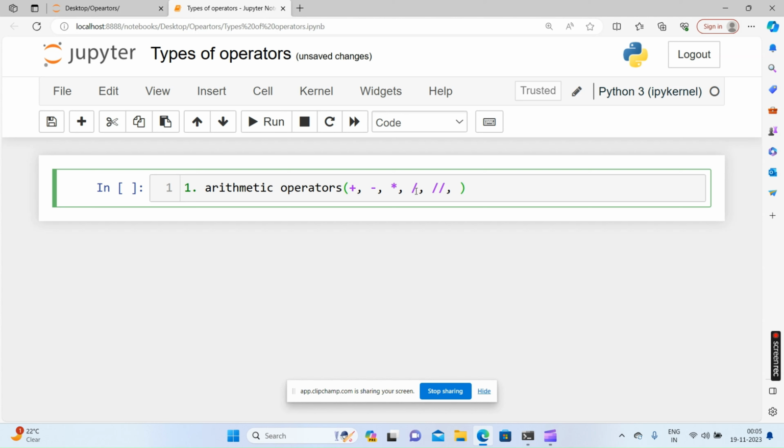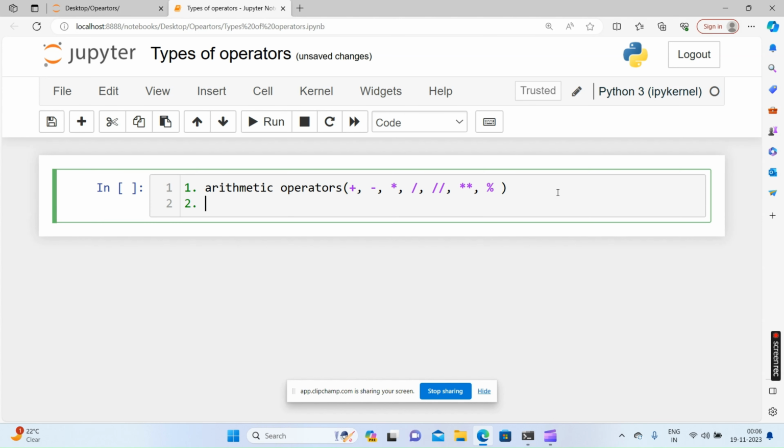So the difference between the division and the float division: the quotient value is in float form. If you use the float division, the quotient value is in integer form. That is the only difference. Exponent, modulus or remainder. So these all are the arithmetic operators.